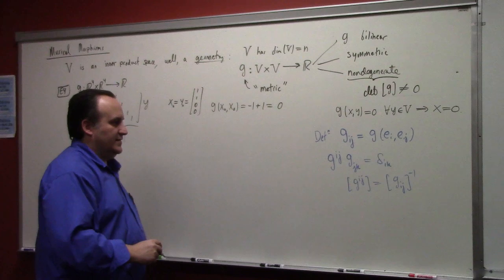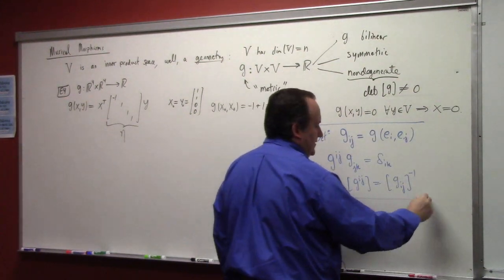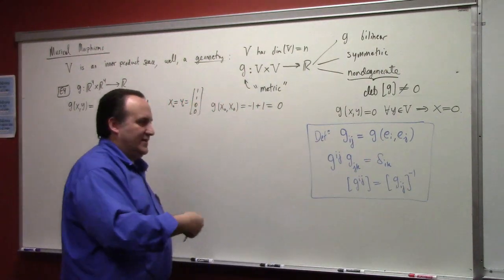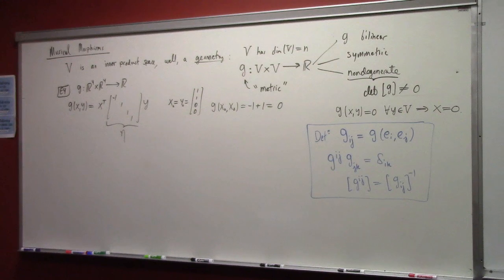So the metric components written up is not a metric. It's actually the inverse matrix to the metric that is the definition here. g upper ij are the ij components.